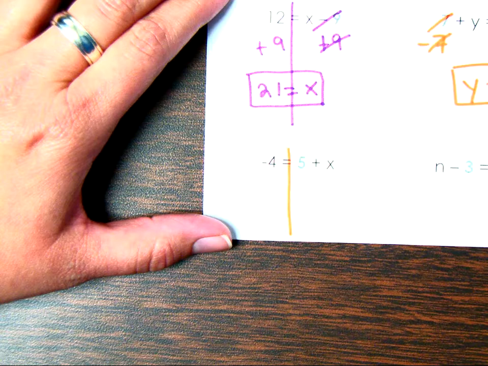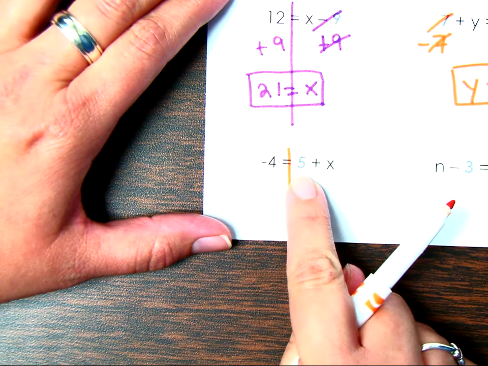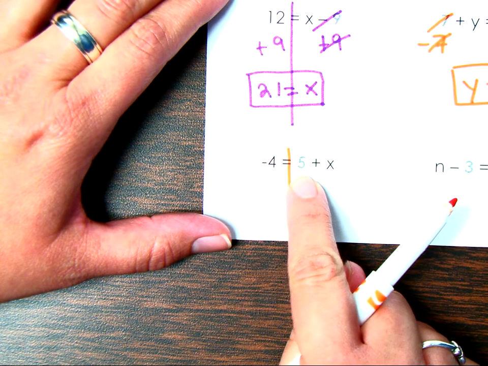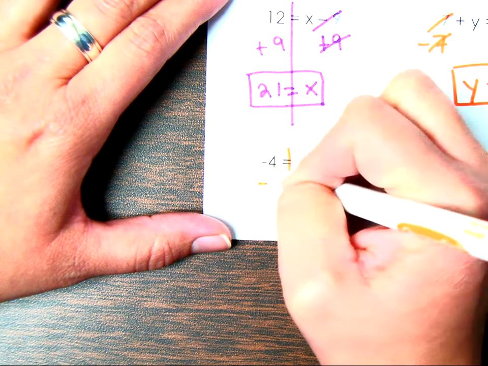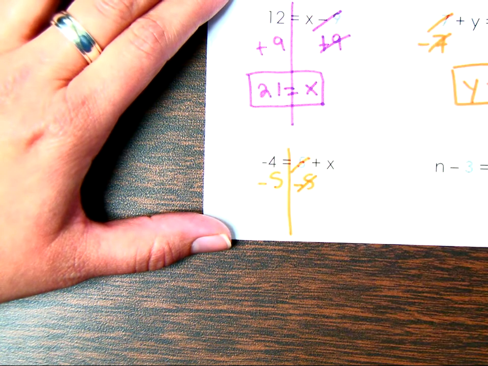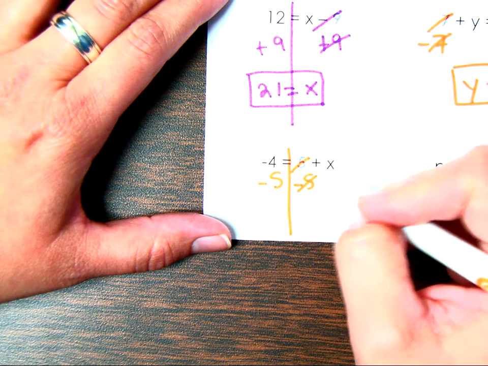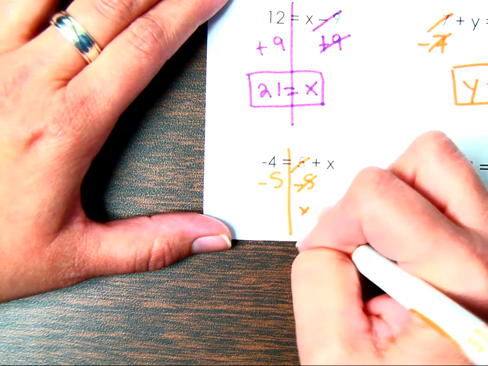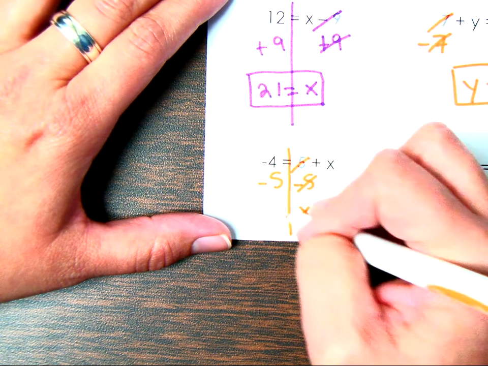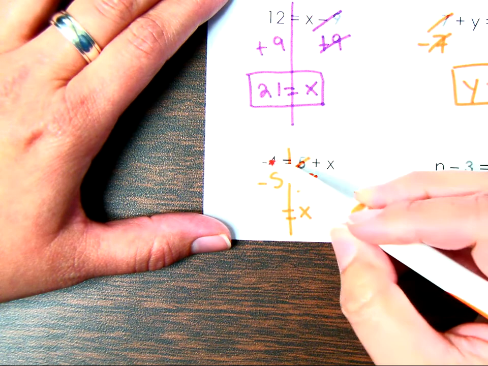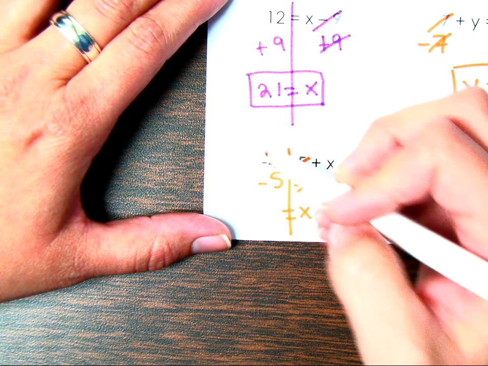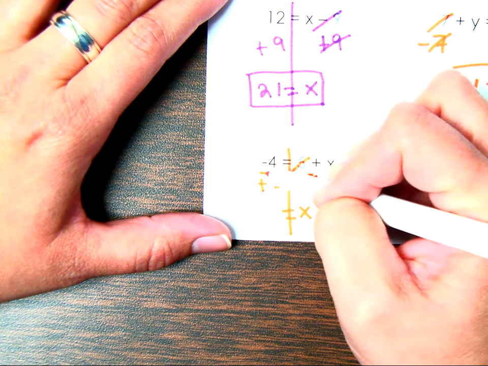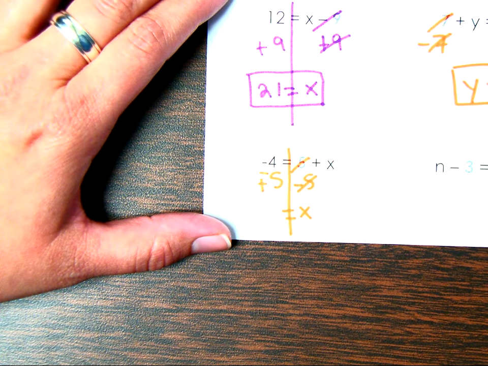All right, so think about this integer as a positive 5, so we get rid of a positive 5 with 5 negatives. Inverse operation. So that isolates the variable. That's what we want. Isolate means get by itself. We want to know the value of x. Negative 4, take away positive 5, we can't do because we add a line, change the next sign. So negative 4 combined with 5 negatives is negative 9.